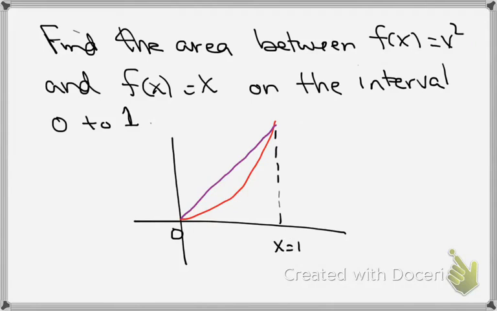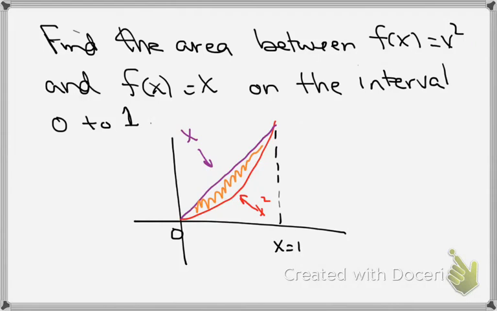So the region that I'm trying to find the area of is this orange region in here. Of course, that purple function is x, and the red function is x squared. So the top function is x, and the bottom function is x squared.